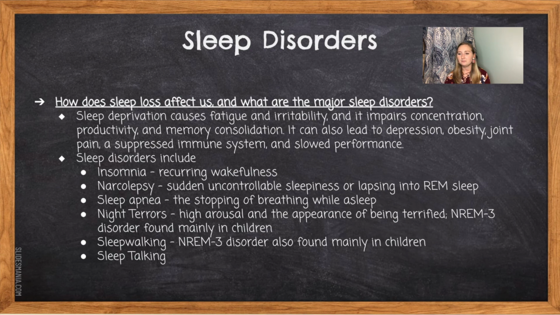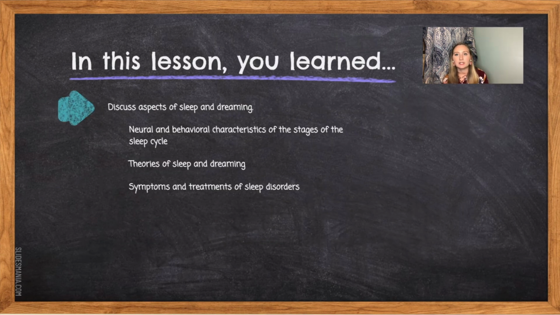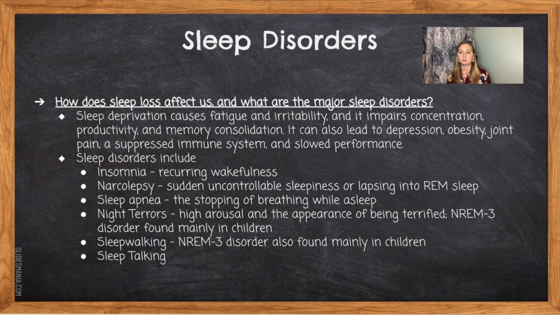Okay, some of the ways that we deal with these particular sleep disorders. When you're dealing with insomnia or narcolepsy, one of the biggest things is they give people melatonin or they'll use some kind of medication.